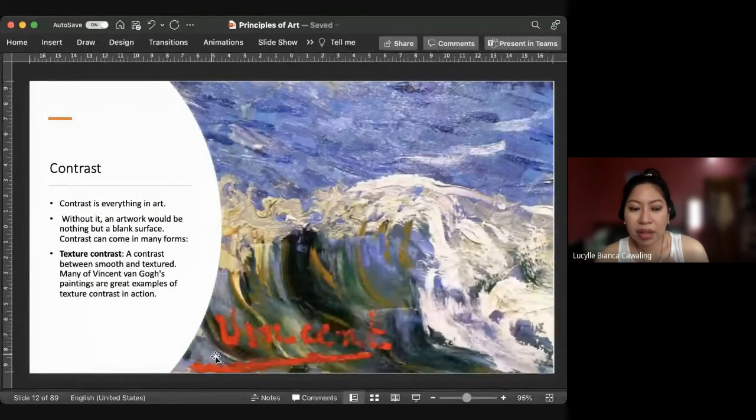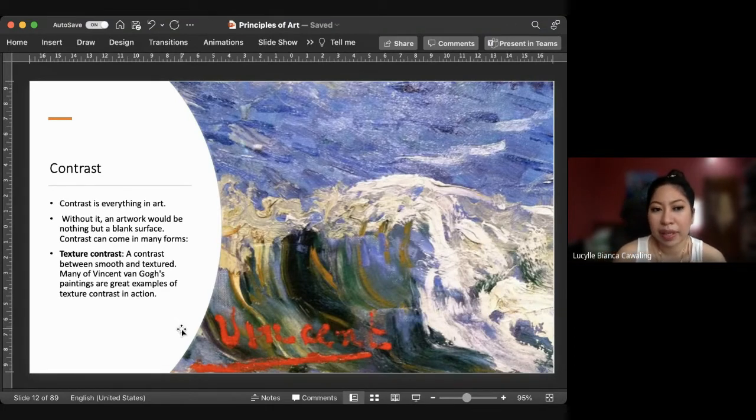And this is another form. There is also what is called texture contrast, wherein there is a difference between the textures used in painting or the textures you see in the painting. So you have a smooth texture and then a very rough texture.